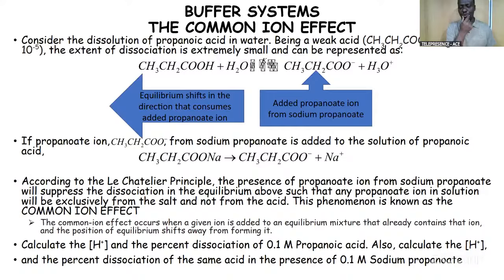The mixture of the two of them will give you what we call an acid buffer. The question is, how does this buffer system work? Let's assume we are adding a little sodium hydroxide to this system. What will happen is that the propanoic acid will dissociate as given here. You can see the equation. Like I told you, this symbol here is just an equilibrium constant, with the dissociation constant written directly on top of it.